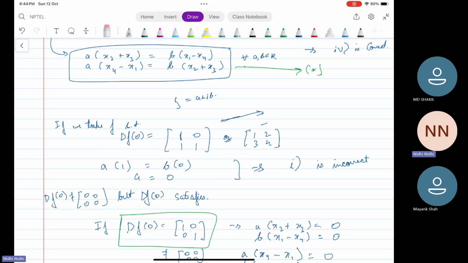But we are talking about the determinant of T, not that of DF. That is also a difference. T is a map from C to C. What do we mean by determinant of T?